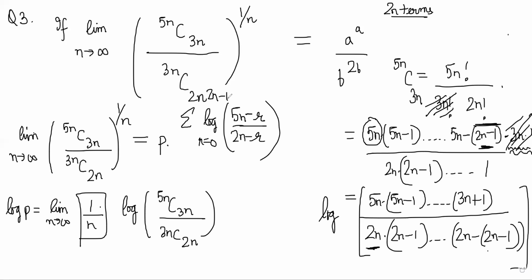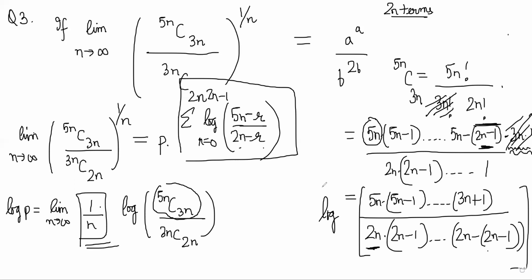So that is why it is convenient, because now at least I can write the number 5n C 3n as a sum of some functions of n and r. Usually I want to do that to find the integral, because otherwise I don't have any way to solve this. It is infinity power 0 or something. There's no way to solve this directly. You have to do something with the 1 by n and stuff.